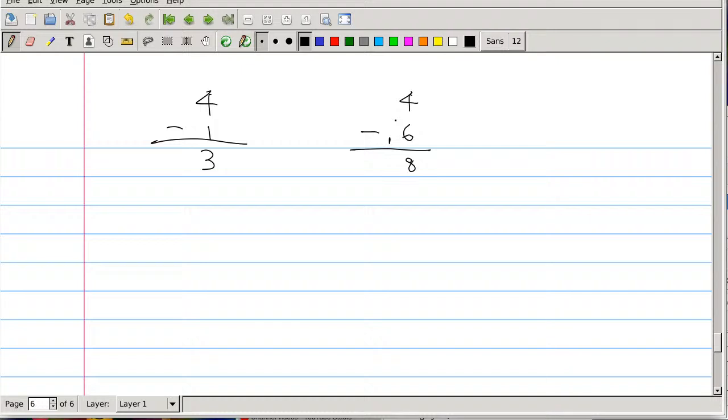14 minus 6 is an 8. So in this case, we basically say the result of 4 minus 6, and I'm using the same notation here, but this time the order is important. We are subtracting 6 from 4. So the result of subtracting 6 from 4 is 8.